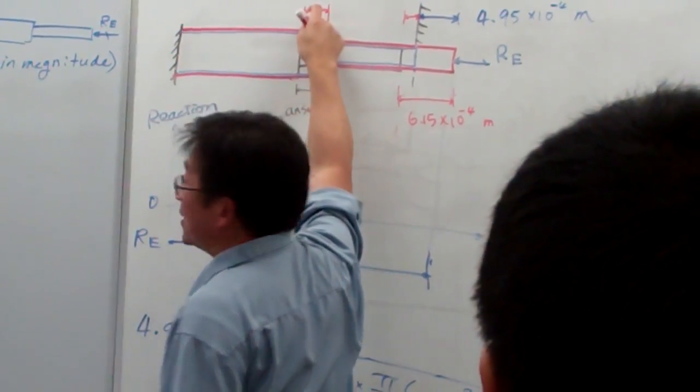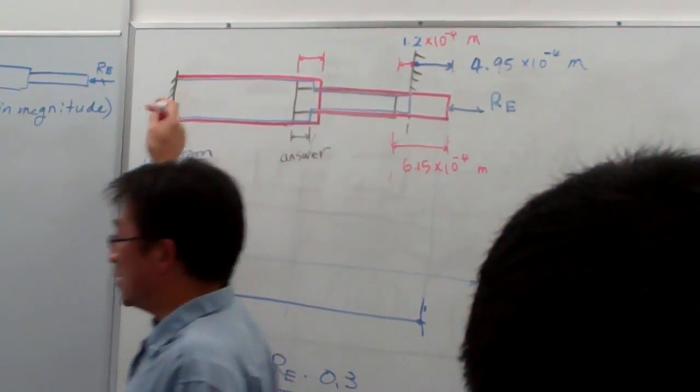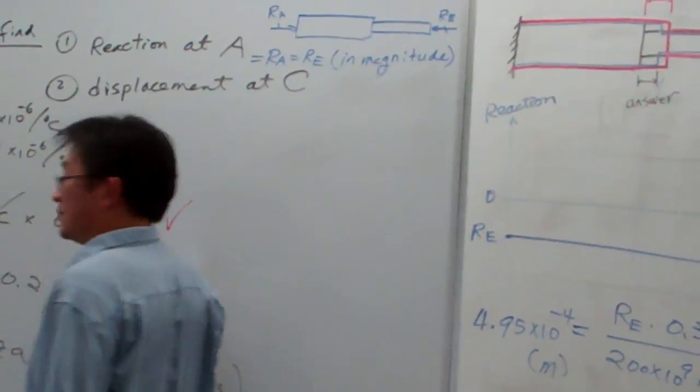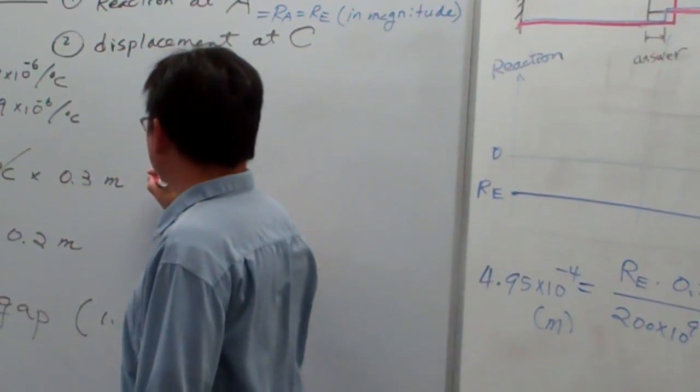This represents the thermal deformation of the first segment. Thermal deformation of the first segment. This number. Can anyone help calculate this number for everyone?